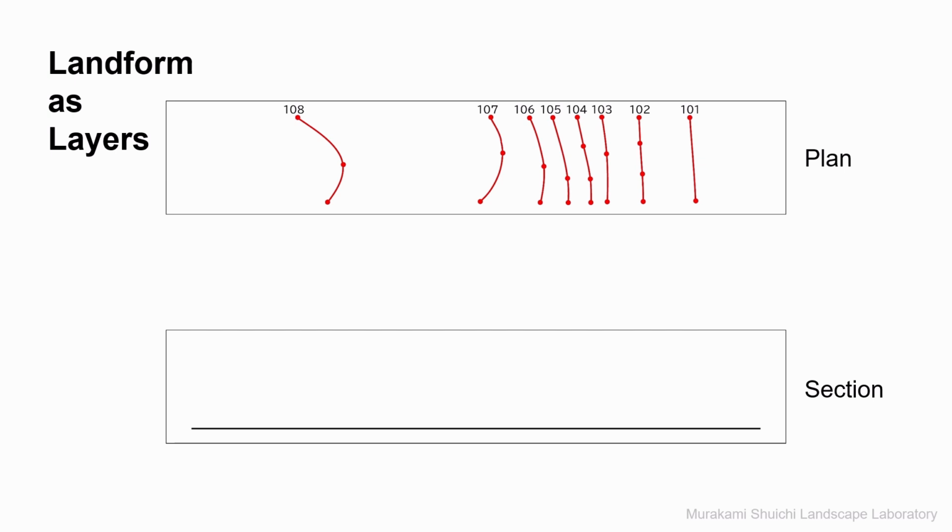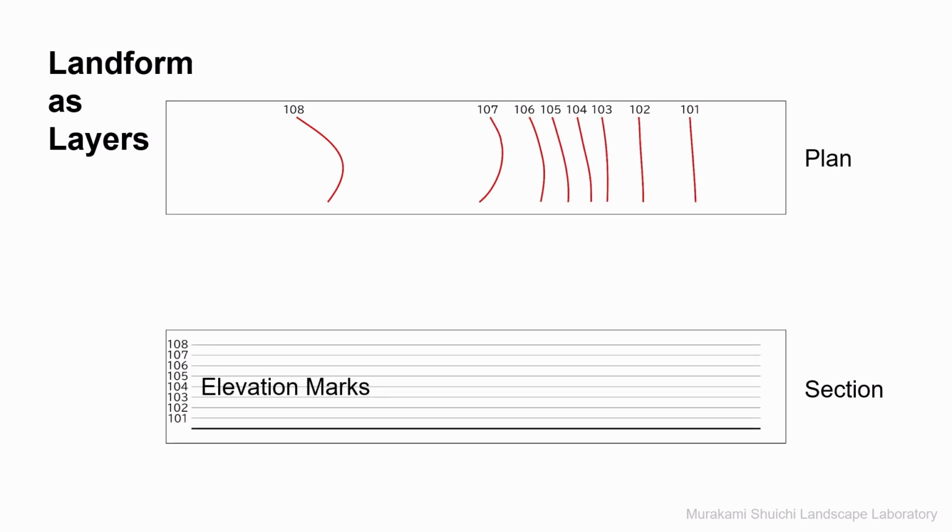Now, let us draw in section below the landform as it would be experienced by someone walking through this place. First, we prepare horizontal reference lines marking elevations from 101 meters to 108 meters. Next, on the plan, we draw the path that the person might walk along. We consider this line as a section line that cuts through the landform at this location.